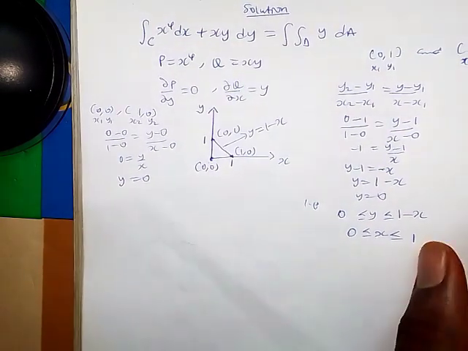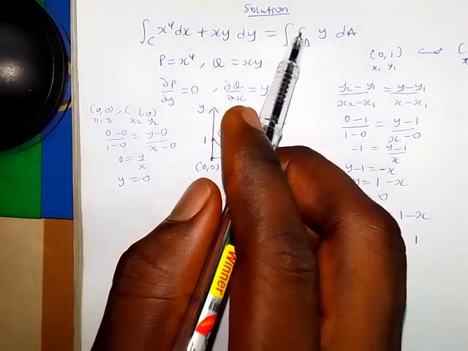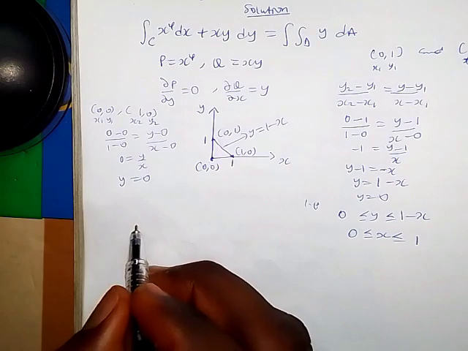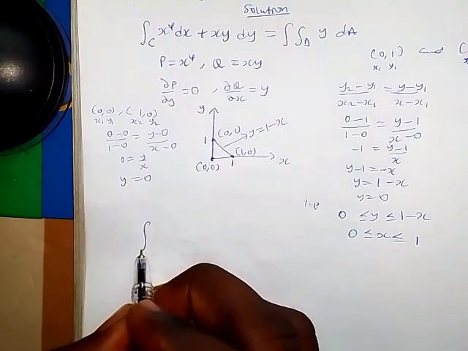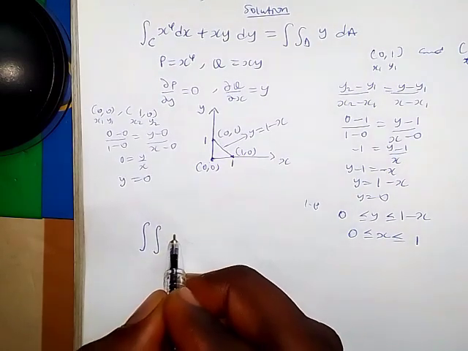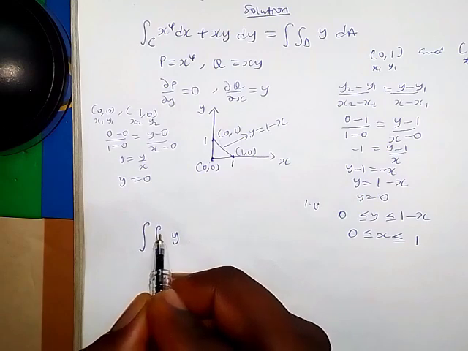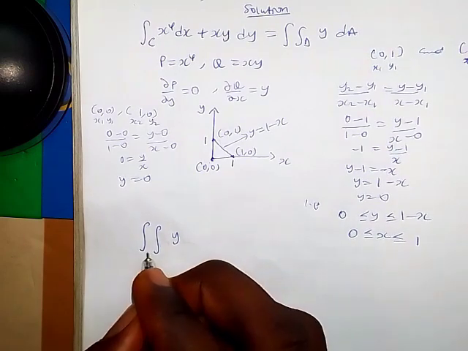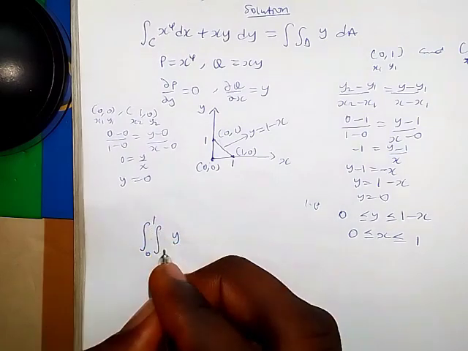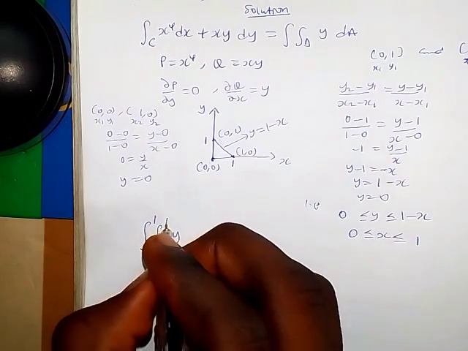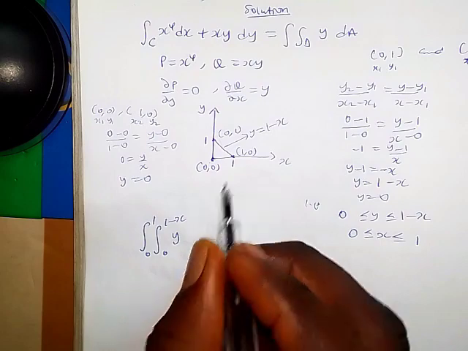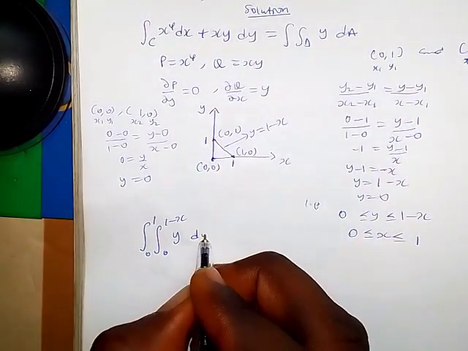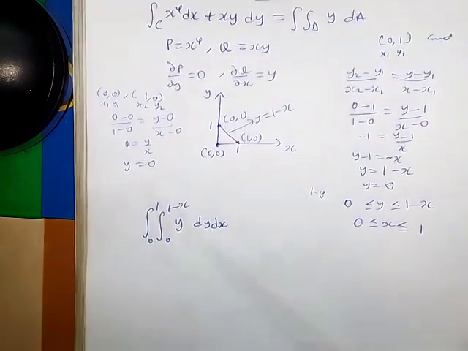So we can now evaluate our double integral since we have obtained the boundaries. We have the integral of y, with x from 0 to 1 and y from 0 to 1 minus x, dy dx. Now we can integrate.